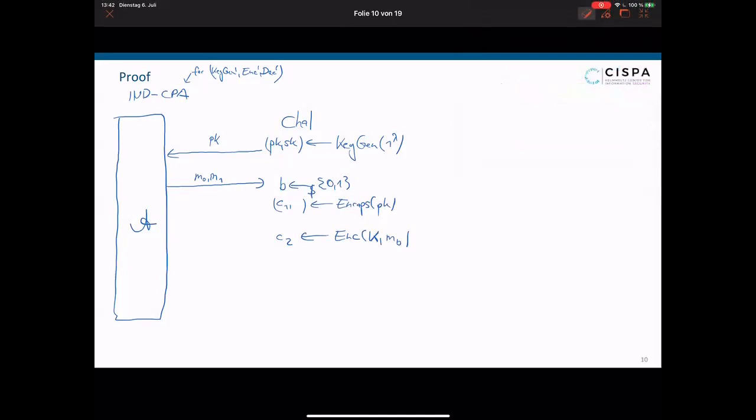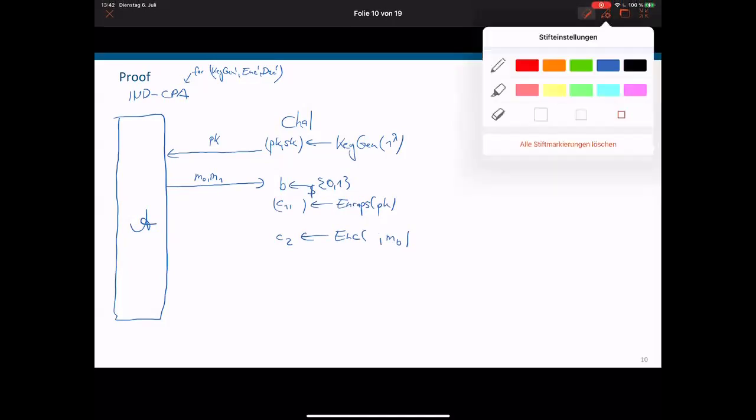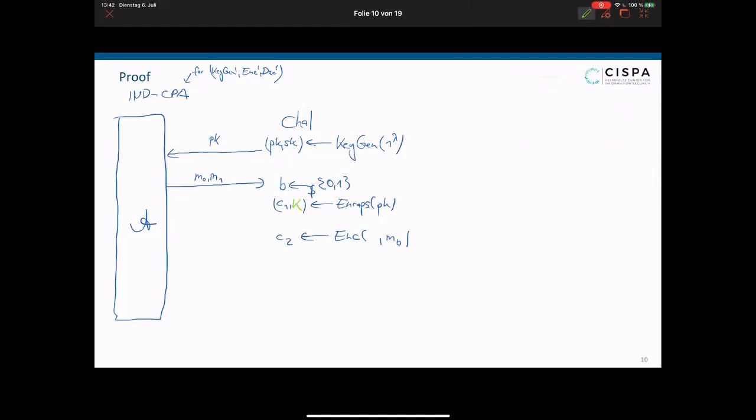And you know what? Let's be a little bit more explicit here and write our key K in green, right? So we first create this green key K using encapsulation, and then we use it to encrypt MB and get our C2. And what we're sending back is, of course, the challenge ciphertext C star, which consists of C1, C2.